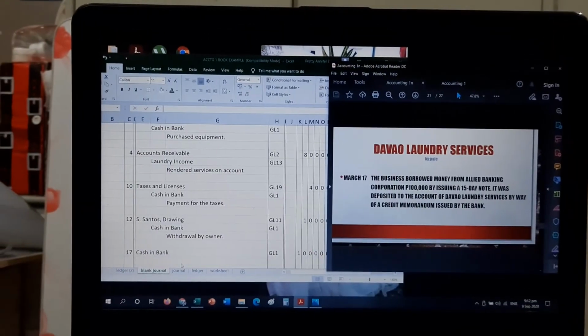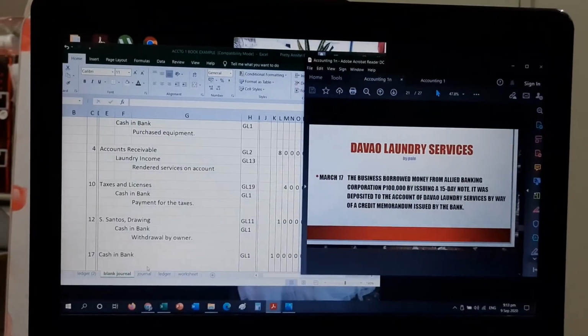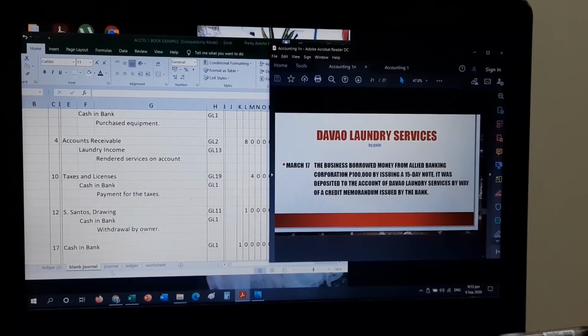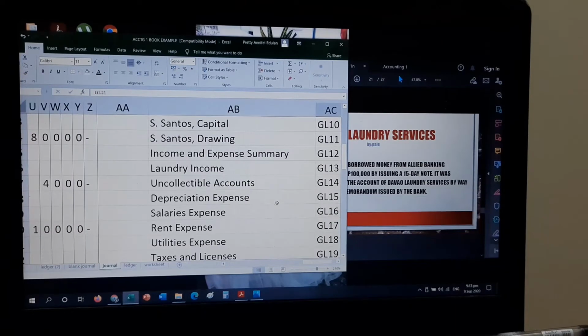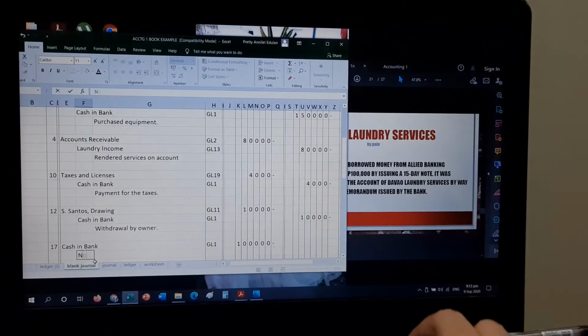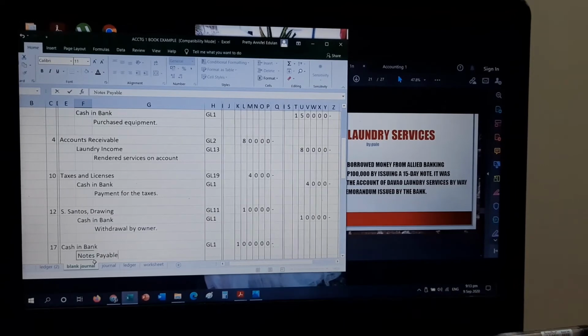So, look at the chart of accounts. That is notes payable. You could use bank loan payable or bank loans payable or loans payable, but in our case, we use notes payable.